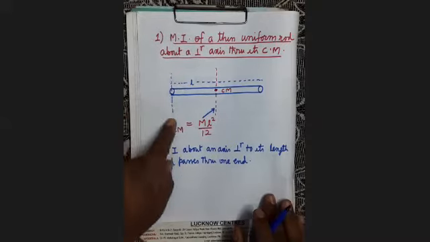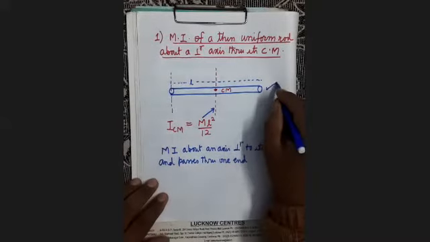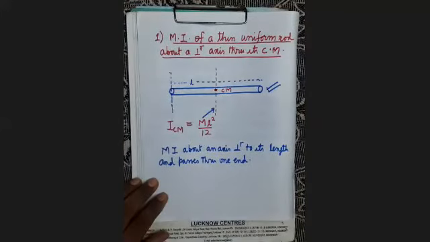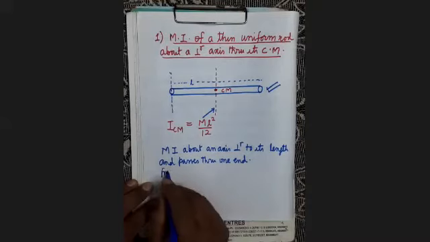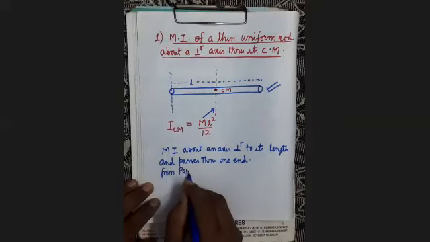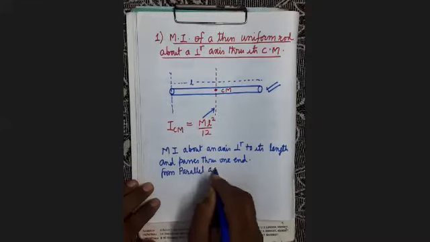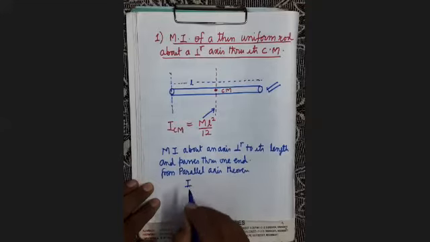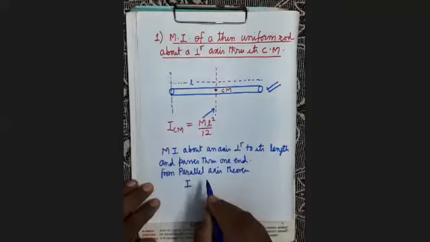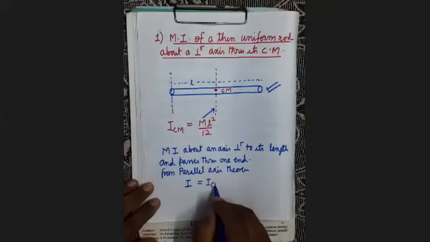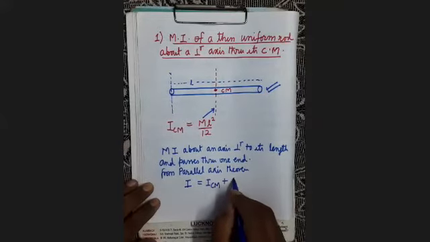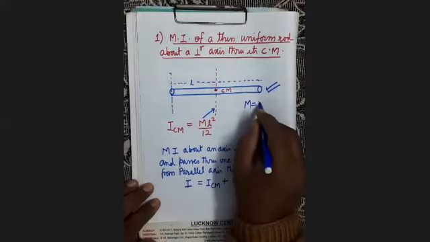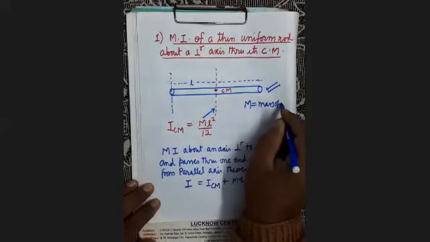In this case, in order to determine moment of inertia of this rod about this axis, we will apply the parallel axis theorem. It will be I equals ICM plus mh square. M is the mass of rod.